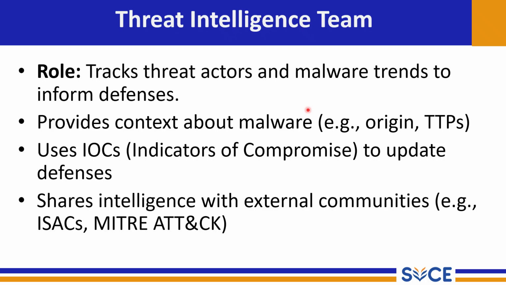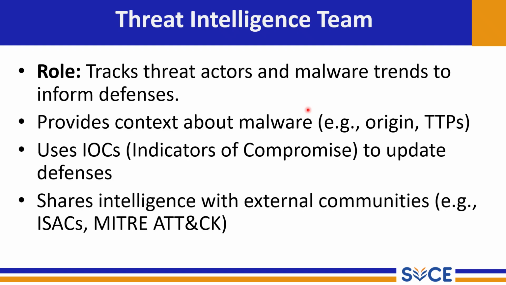So here is how the threat intelligence team contributes to malware analysis. First one is data collection and analysis. First, it gathers intelligence. The threat intelligence team collects data from various sources, including open source intelligence, that is OSINT, dark web monitoring, threat feeds, and internal security logs.